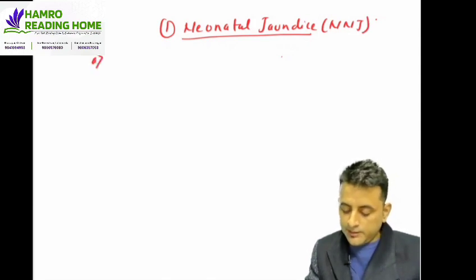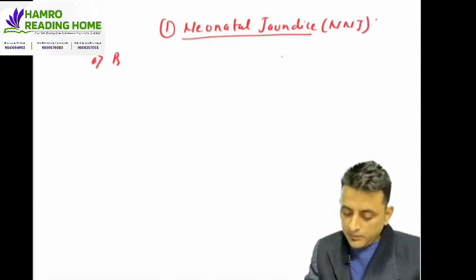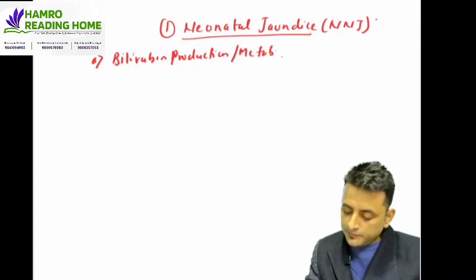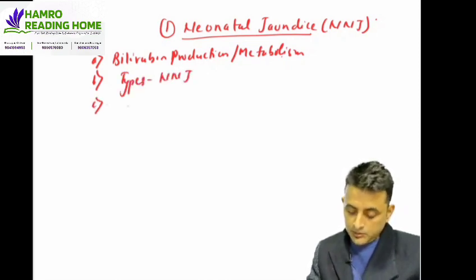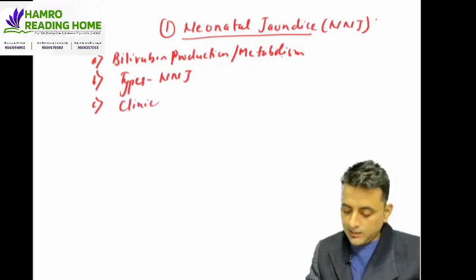So what subheads we will be covering is about bilirubin production and its metabolism. Then we'll be covering the types of neonatal jaundice, how to clinically evaluate it.